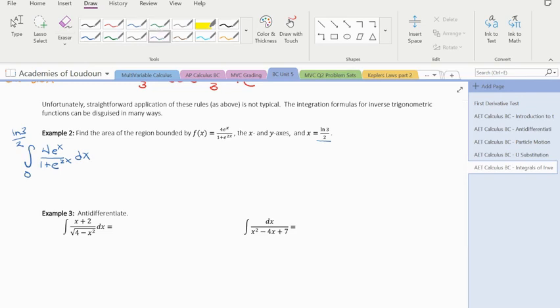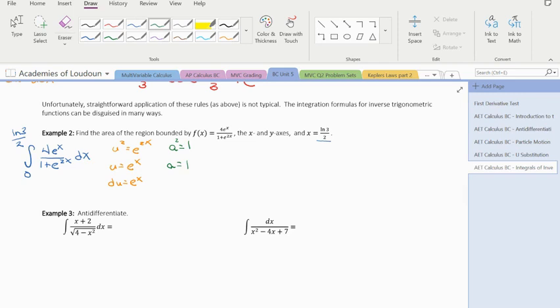Now, right away, you should recognize this as an arctan because there's a plus and no square root. So just as we did above, let's go ahead and identify our u squared is going to be e to the 2x, which means our u is e to the x. Our du is e to the x dx. A squared will be 1, which means a is 1.